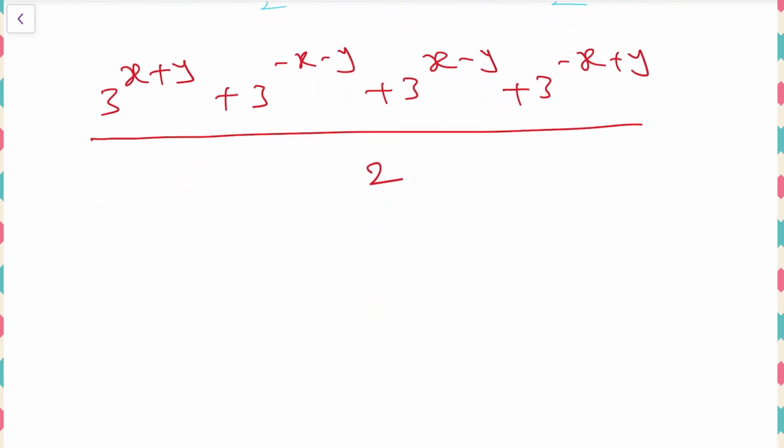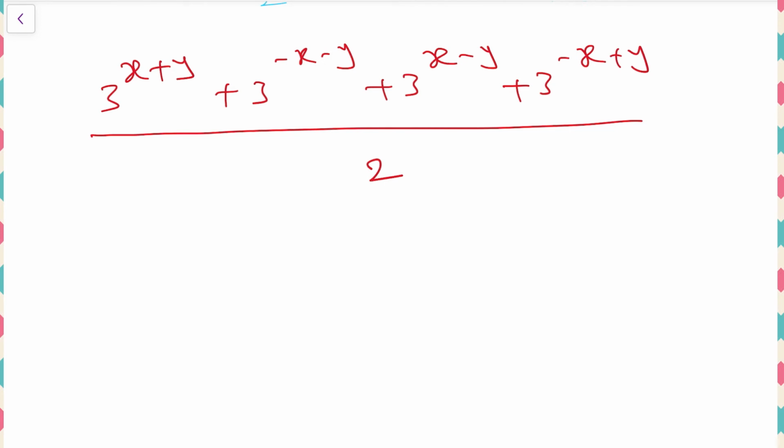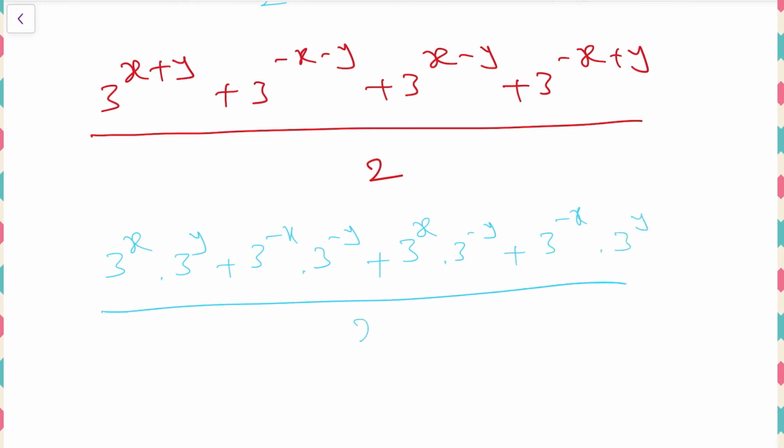Now I will separate the terms individually. 3 power x plus y can be written as 3 power x into 3 power y, plus 3 power minus x minus y can be written as 3 power minus x into 3 power minus y, plus 3 power x minus y can be written as 3 power x into 3 power minus y, plus 3 power minus x plus y can be written as 3 power minus x into 3 power y, whole divided by 2.